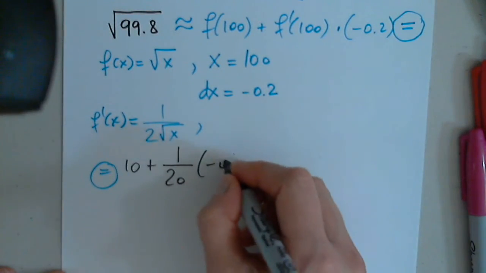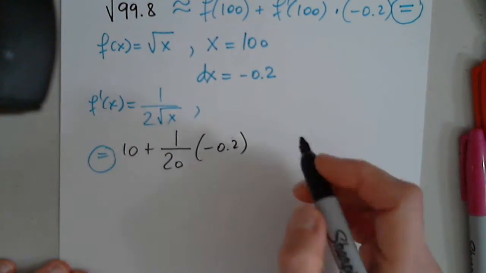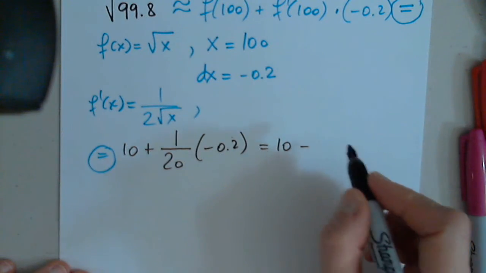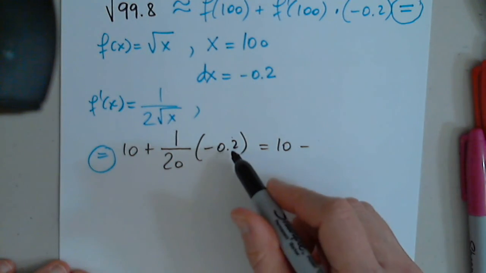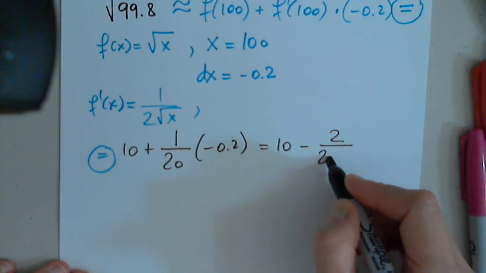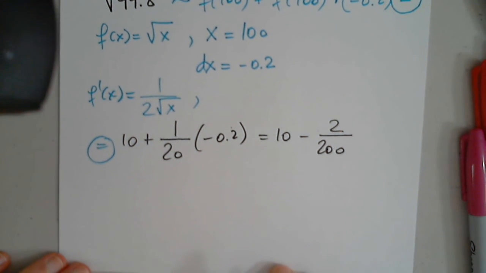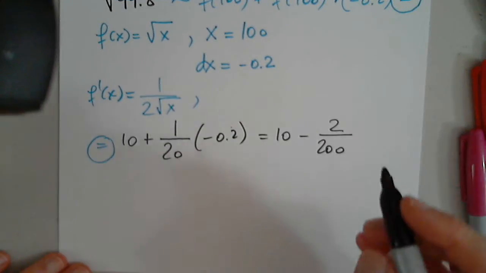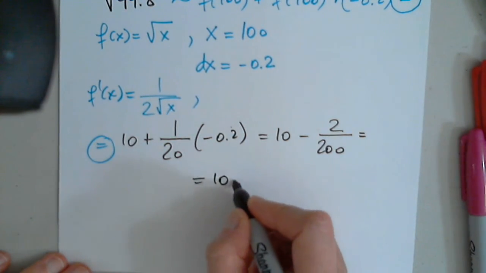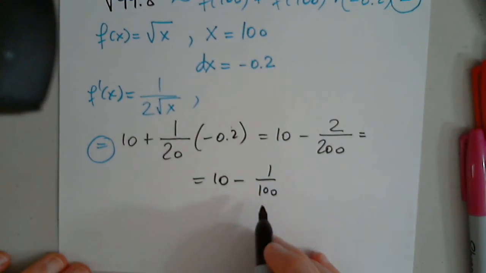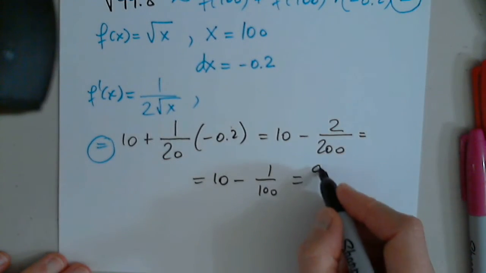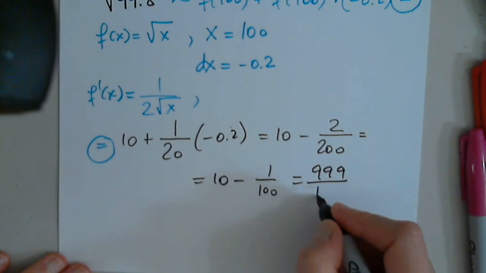And multiplied by negative 0.2. So this is 10 minus 2 over 200. I don't like decimal numbers in a fraction, so I multiply top and bottom by 10 without changing anything. So this is 10 minus 1 over 100. 1,000 minus 1, 999 over 100.